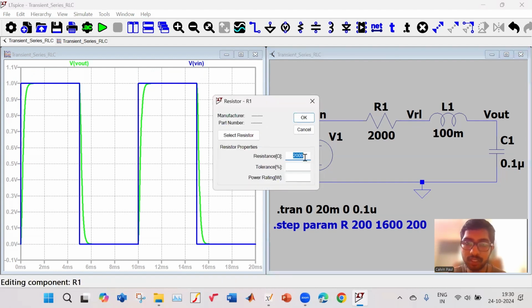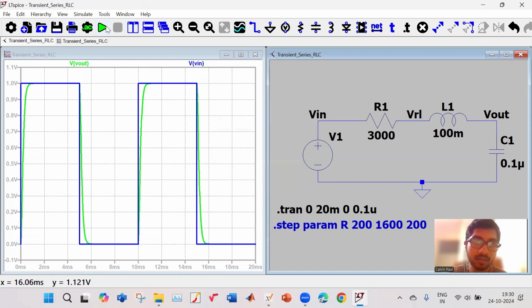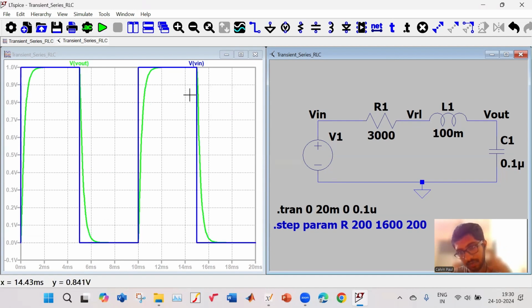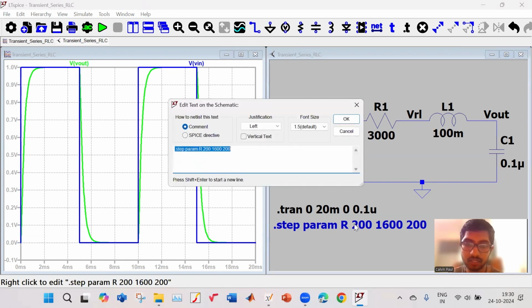Let me make it overdamped. You will see it is taking a bit more time. Let me do a case where it is more clear and easier for you guys to see the difference in the response.